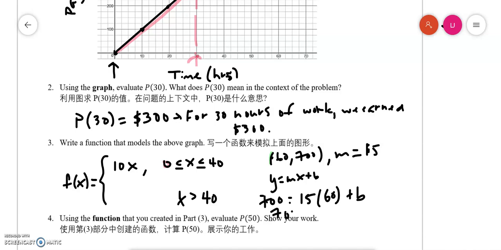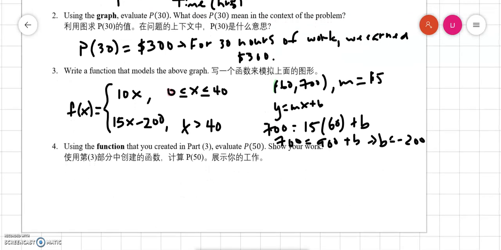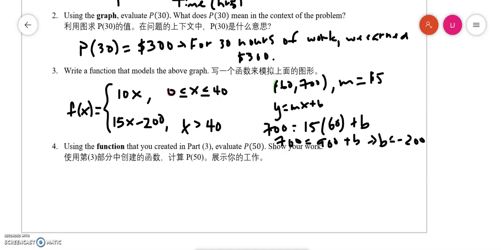So we have 700 equals 900 plus b. That means b is negative 200. All right, so we can write our function 15x minus 200. There is our function. All right, now using this function, we need to evaluate p of 50.